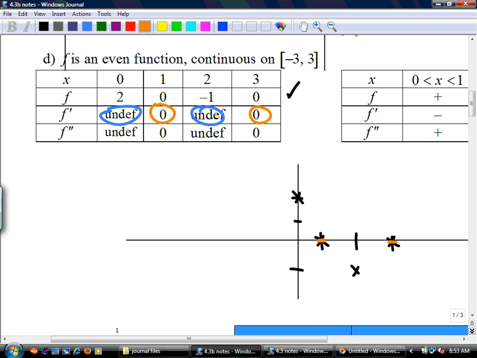What do we know about undefined? F prime of x is undefined: cusp, corner, or vertical tangent. So we don't know what these are quite yet. Cusp, question mark. Corner, question mark. Vertical tangent, question mark. Okay, so we'll leave that for a second.